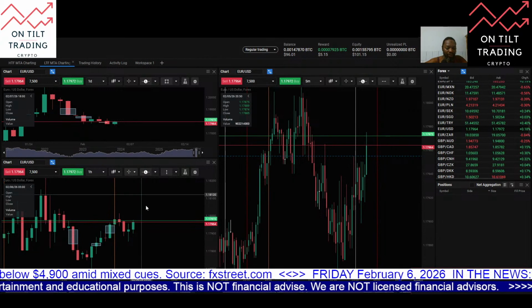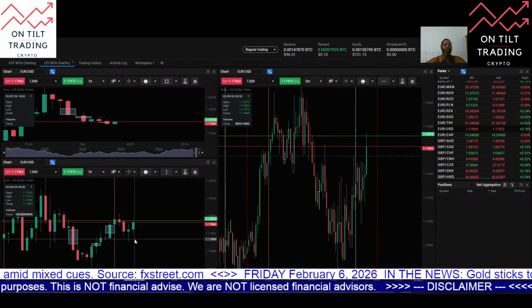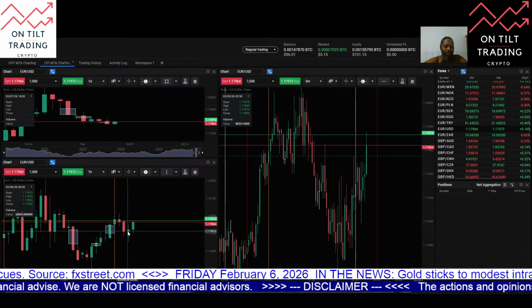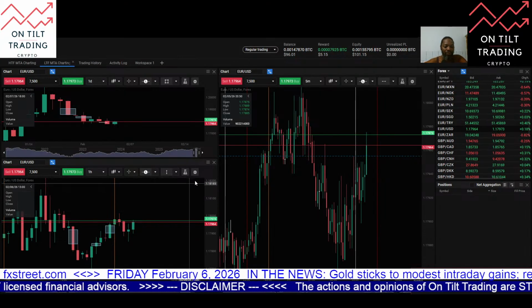Daily chart looks short to me, but the hourly chart in the short term here is still bullish.